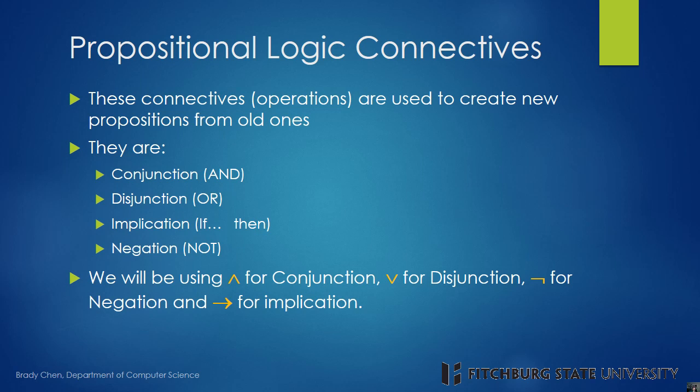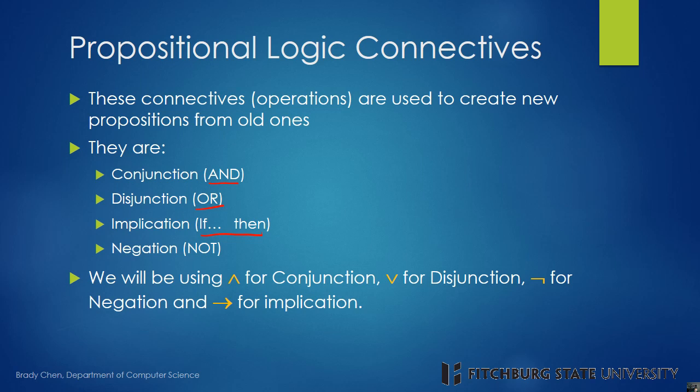Here we have 4 logical operations: conjunction, disjunction, implication, and negation. Conjunction is sometimes called and, and disjunction is sometimes related to or. Implication means that if something happens, then something else happens. And negation means not.